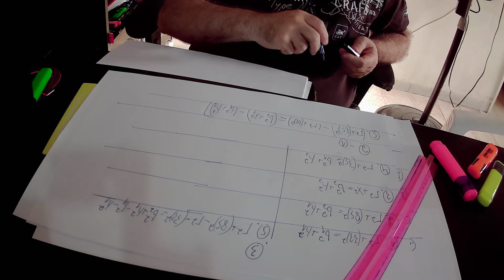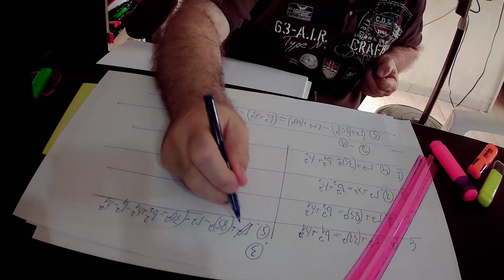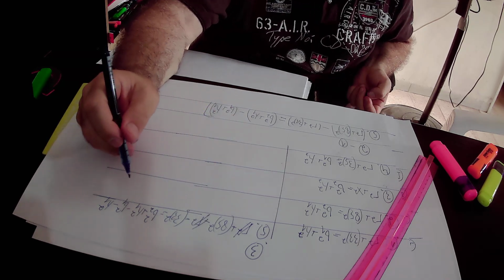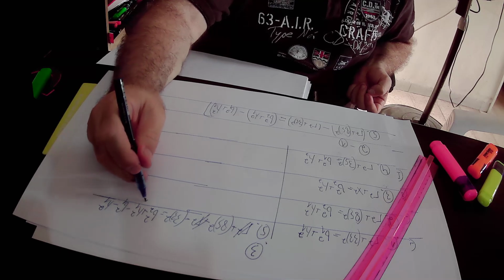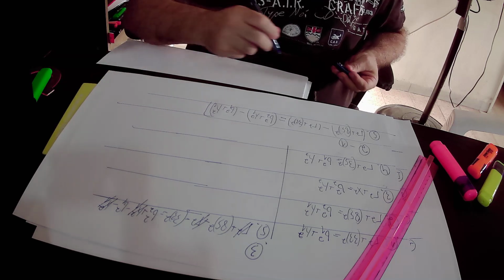Here r squared minus r squared is 0, so r squared will get cancelled. On the other side of equation number 5, h1 squared minus h1 squared is 0, so h1 squared will also get cancelled.